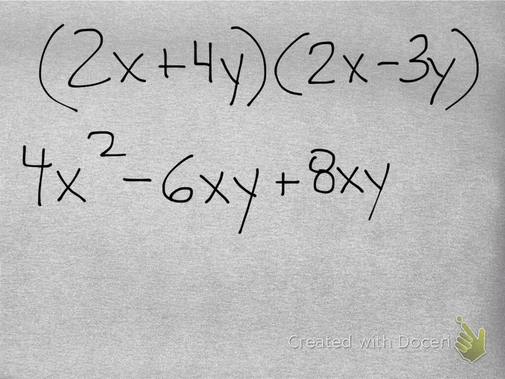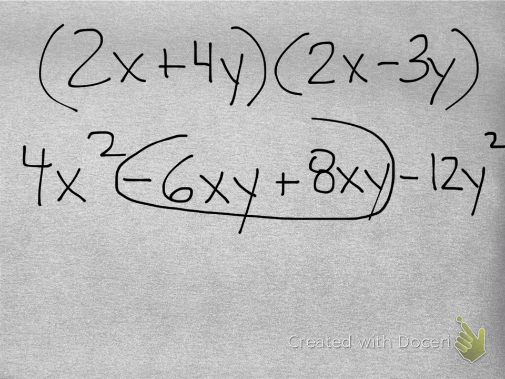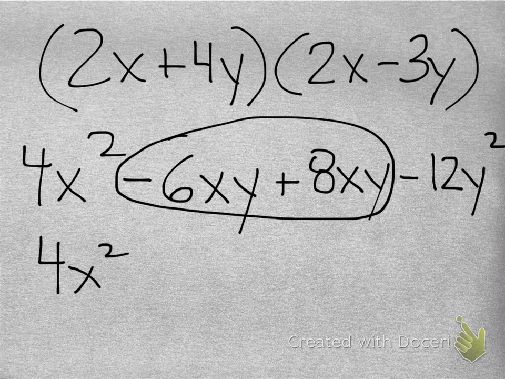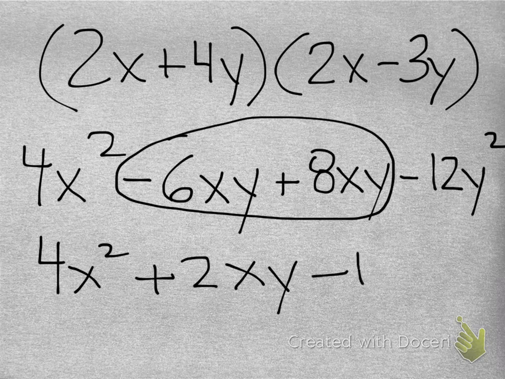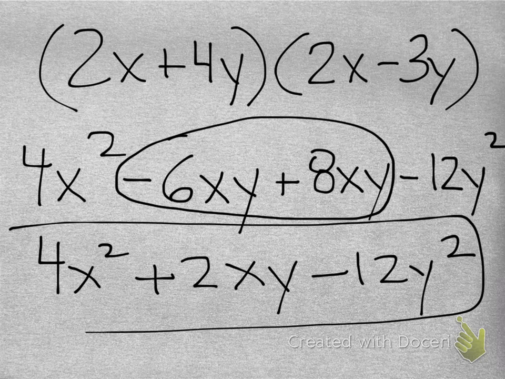And then we have the last terms, 4y times negative 3y, so that's negative 12y squared. We can combine the middle terms since they both have an x and a y, the same variables and the same exponents. So 4x squared, negative 6 plus 8 is positive 2xy, and then minus 12y squared. So this would be my final answer.